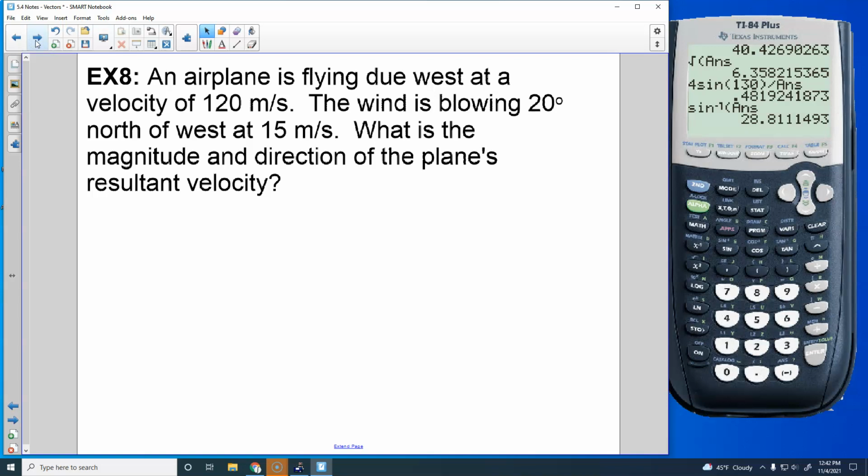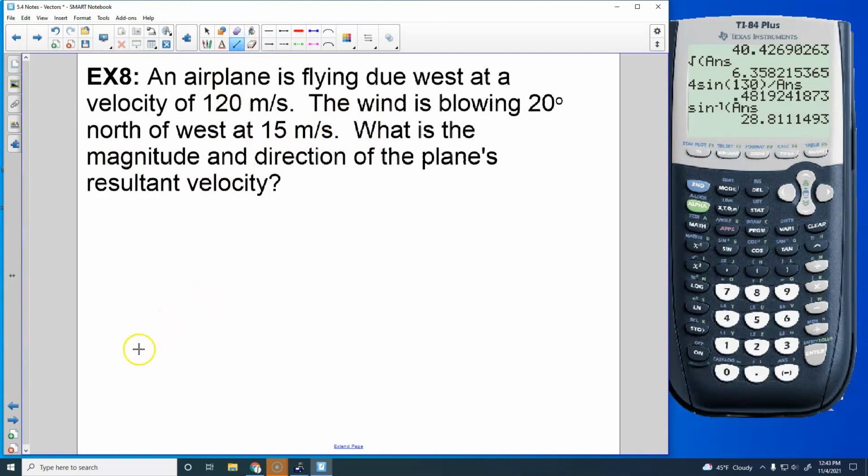All right, so an airplane is flying due west at a velocity of 120 meters per second. The wind is blowing 20 degrees north of west at 15 meters per second. What is the magnitude and direction of the plane's resultant velocity? So, let's see, we're going west and then north of west.